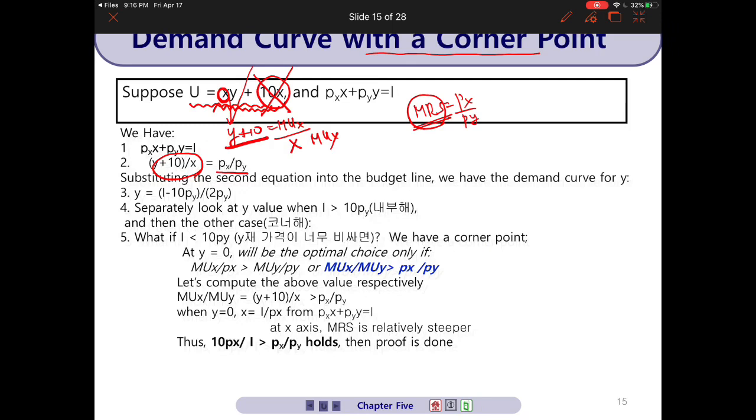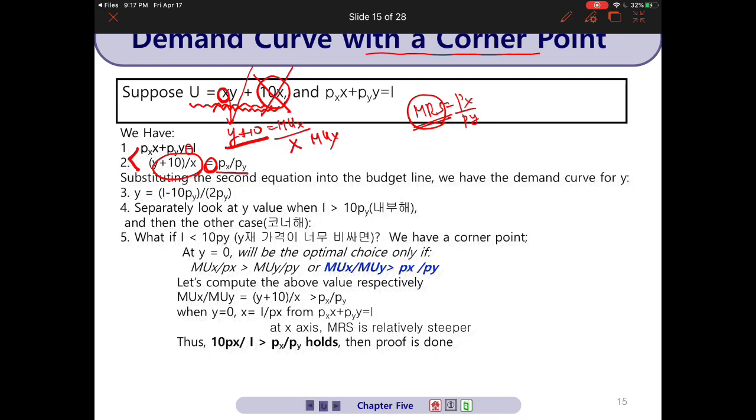So we derived one equation. We are going to solve for X and Y now, so we need one more equation right here, the budget set. So we have 2 equations. That's enough to find the optimal solution for X and Y.